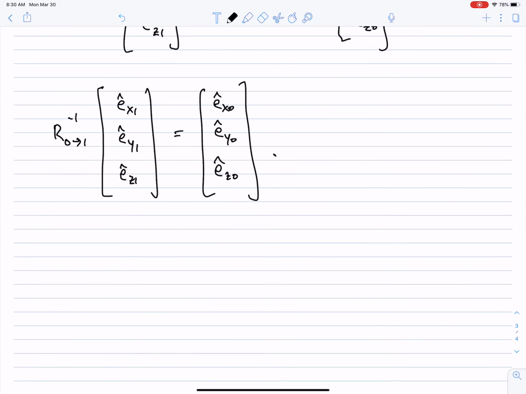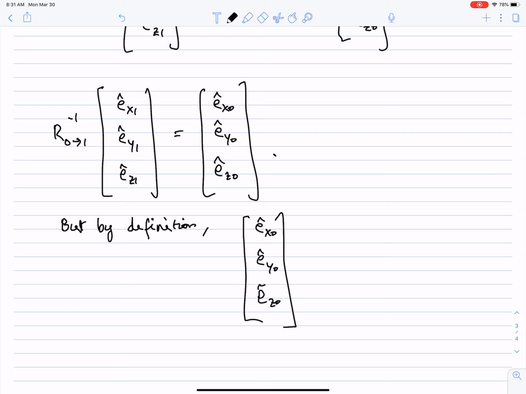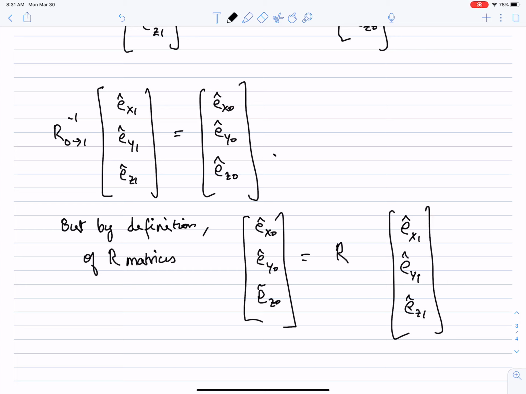But by definition, if you have some relationship like this of R matrices, so if you have some matrix that takes unit vectors from the one coordinate frame and gives you unit vectors in the 0 coordinate frame, you should call that matrix R1 to 0.